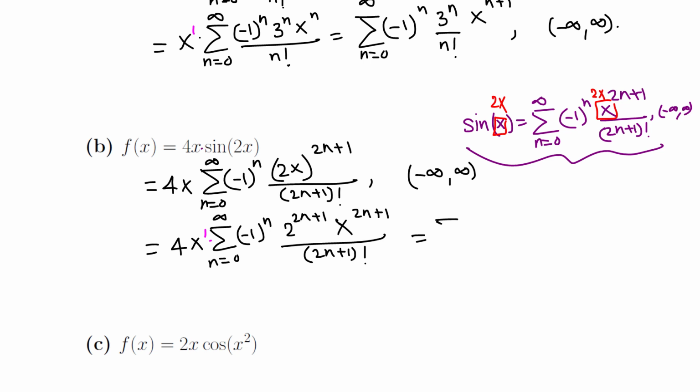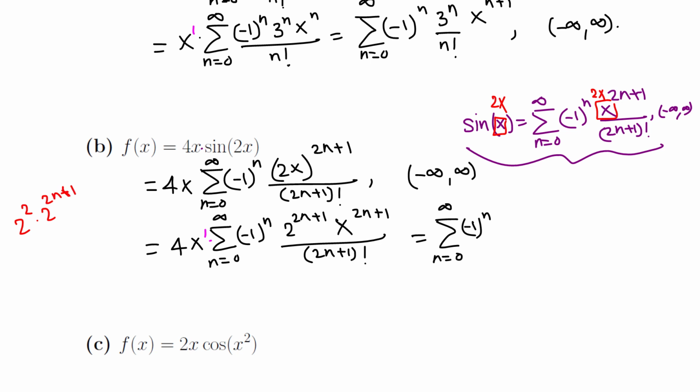So this is the sum from n equals 0 through infinity of (negative 1)^n. Here is 2^(2n+1) and 4. If you like, you can combine. 4 is 2 squared and 2^(2n+1).